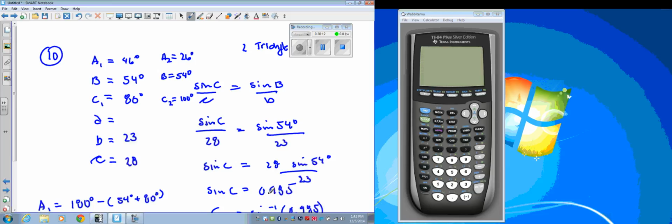Does that make sense? It's only when this thing right here is between 0 and 1 that you have to get all this extra stuff. If this comes out to be 1, it's only one triangle, and it's a right triangle. If this is over 1, it's none. But when it's between 0 and 1, then you got to go through all this mess.